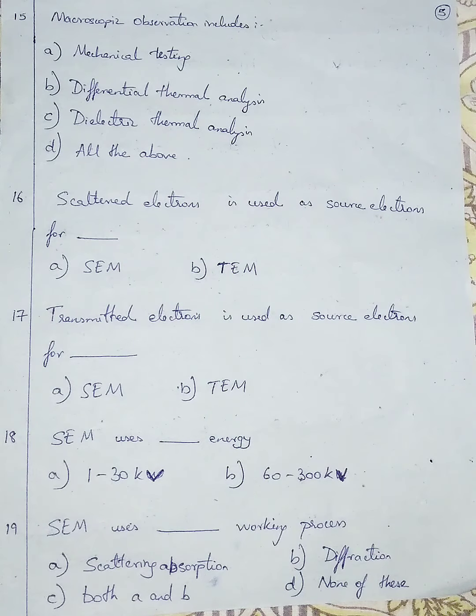Option B is differential thermal analysis, giving heat and measuring thermal conductivity and thermal resistivity. All the thermal factors come under differential thermal analysis. In dielectric analysis, for a dielectric particle you are giving thermal analysis. That is for different materials. Option D is all the above.